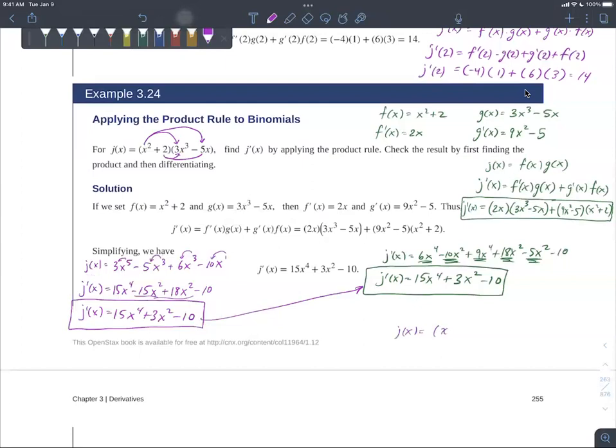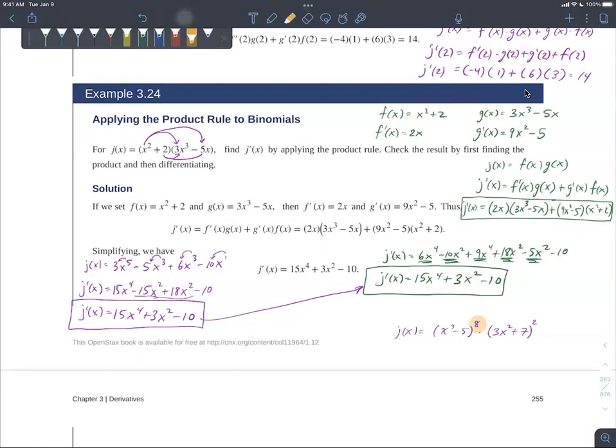Something like x cubed minus 5 raised to the 8th power times 3x squared plus 7 raised to the second power.